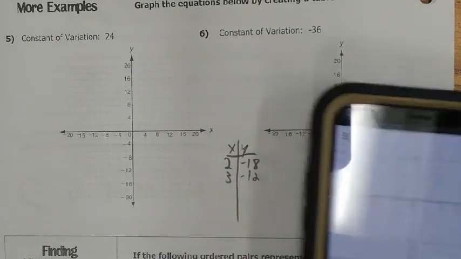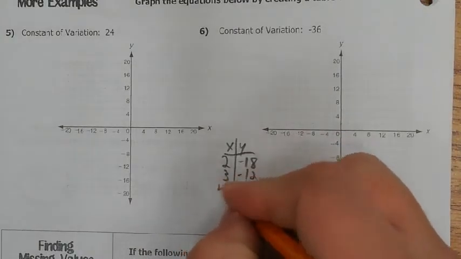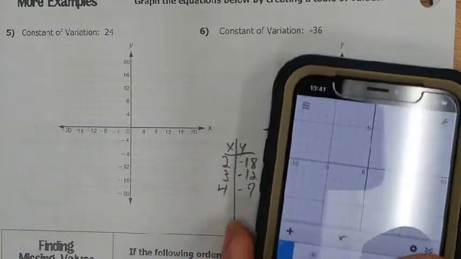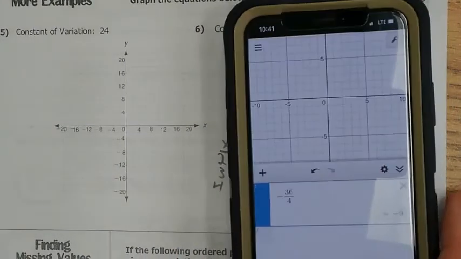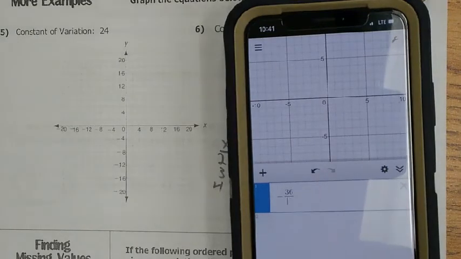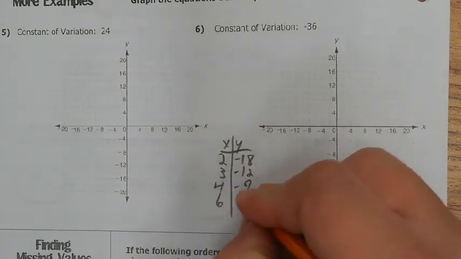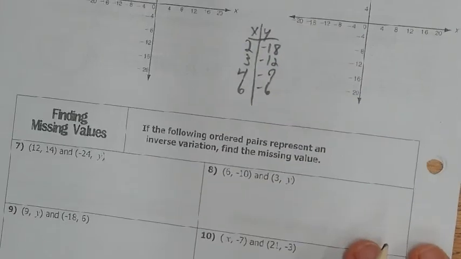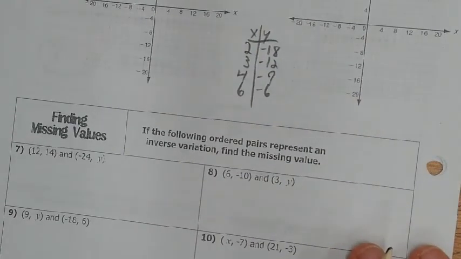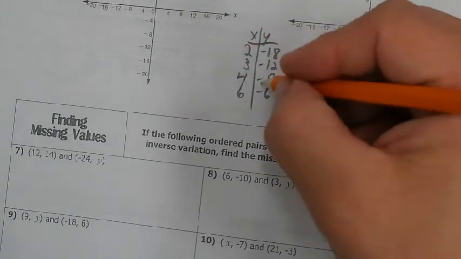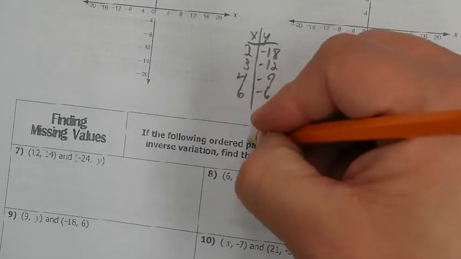That gives you negative 9. 5, we already know 5 doesn't work because 5 has to end in a 5 or 0. So let's try 6. And then at this point, you know you have used all the numbers, so now you can just reverse it.